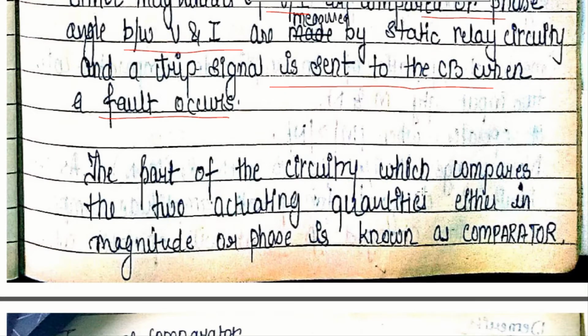The part of the circuitry which compares the two actuating quantities either in magnitude or phase is known as a comparator. We have already said, a comparator is basically a device which is used for comparing two quantities, the predetermined value and the measured quantity.